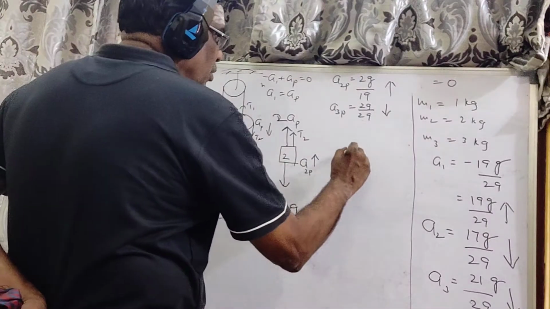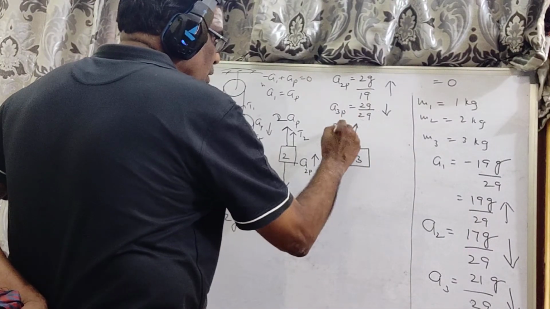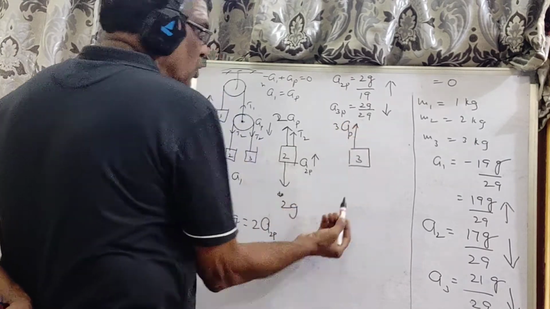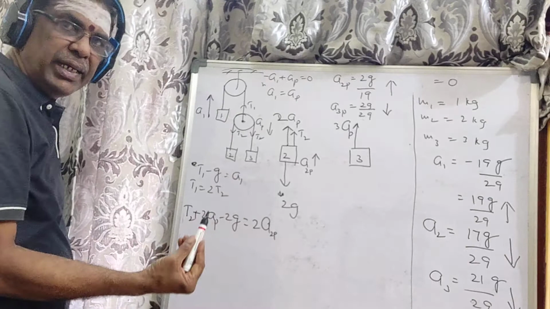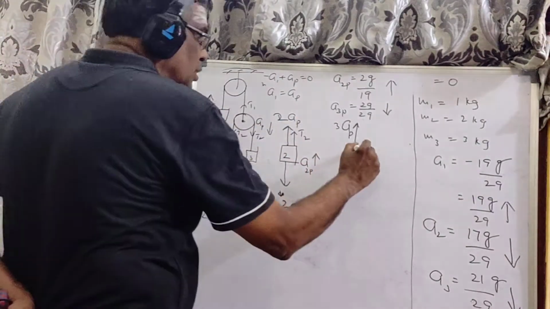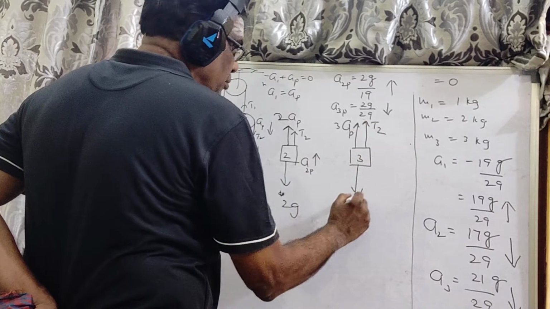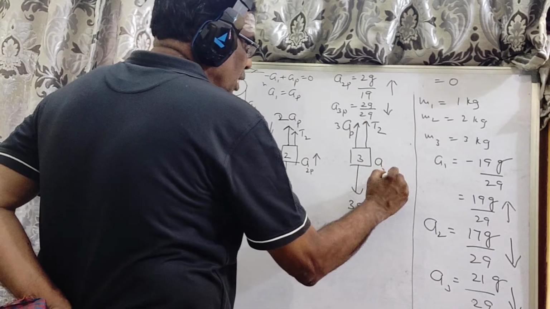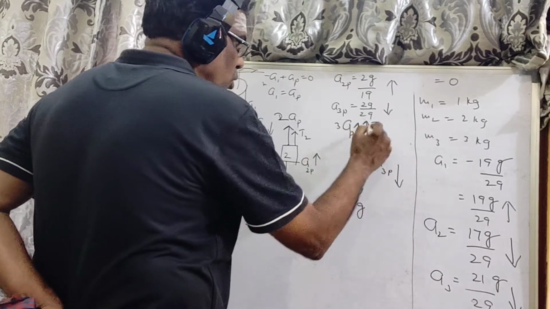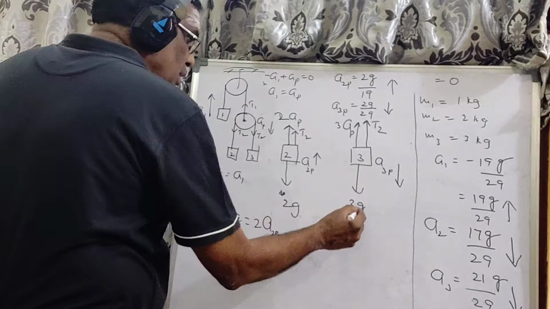In a similar way, 3 kg mass, this will be pseudo force 3AP. Why? This pulley is accelerating down, minus MA therefore upwards, and this is T2, this is 3G. And I told you, whenever you use pseudo force, you will get only relative acceleration. How do you write this equation?